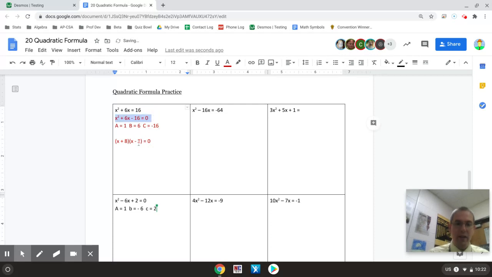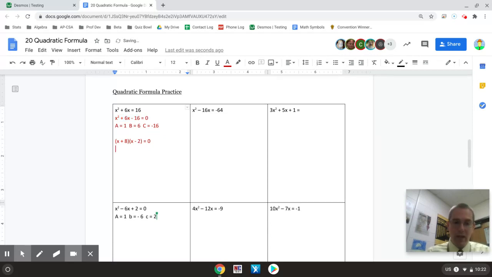It could factor that way, and then that would mean my solutions would be negative 8 and positive 2. So you could have solved it by factoring. If you know how to factor, that's probably the easiest way. You could have used Desmos and graphed it. That's also pretty easy. Or as a last resort, we could have used those values of A, B, and C in the quadratic formula, but that would have been the longer and harder way. So I won't illustrate quadratic formula on this one.